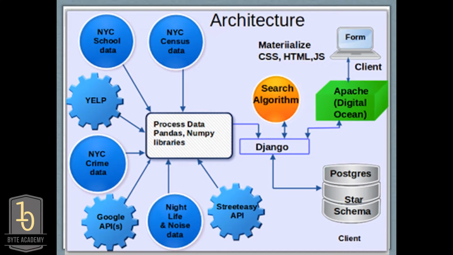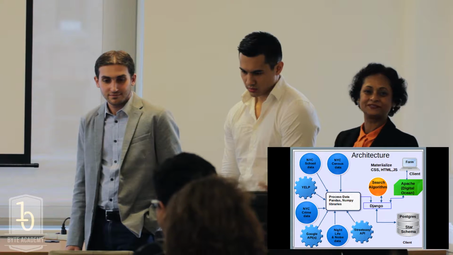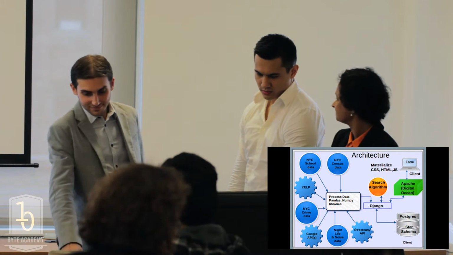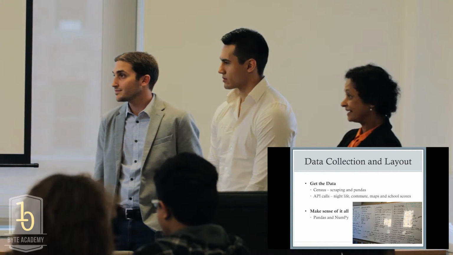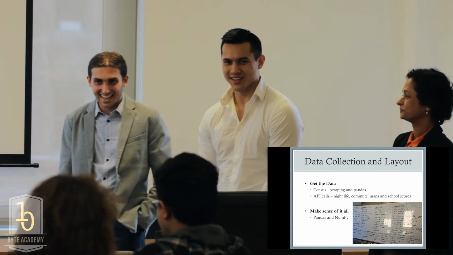And the search algorithm is the crux of the project, written in Python, which uses the data in the database and the query entered in the form by the user to retrieve the neighborhoods suited to them and present them in the form of results and suggestions, as you will see. So that's the whole architecture of the project. Nat will go into detail on how the queries and algorithms are done. I will, but first Rob's going to talk about how we collect the data.